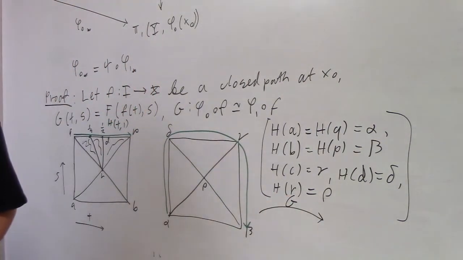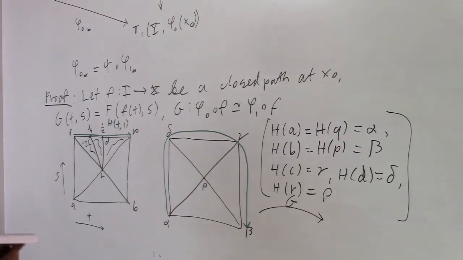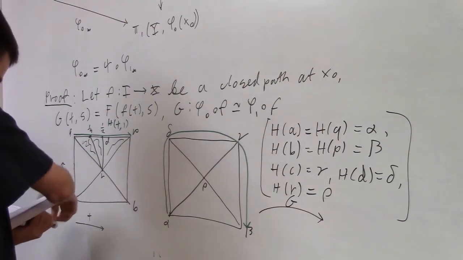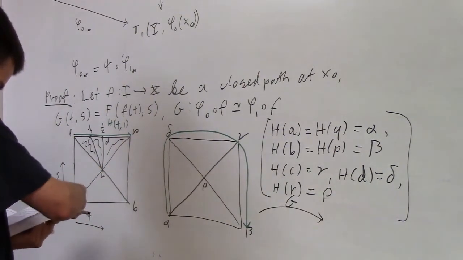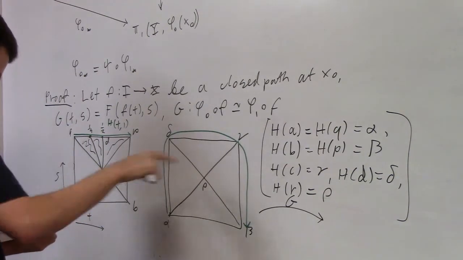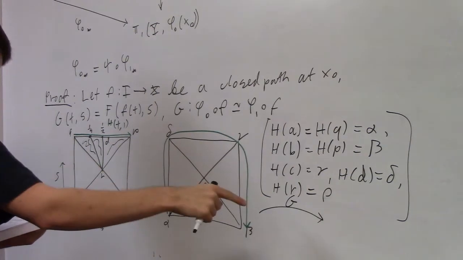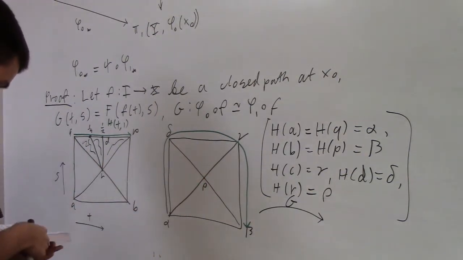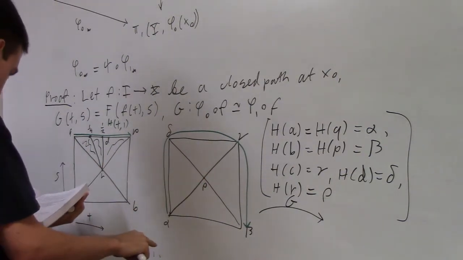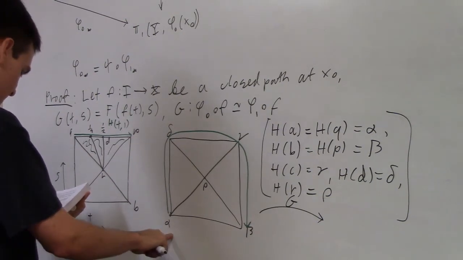So on this section here, applying G to this, which is f of little f of t comma s. Notice t is 0.